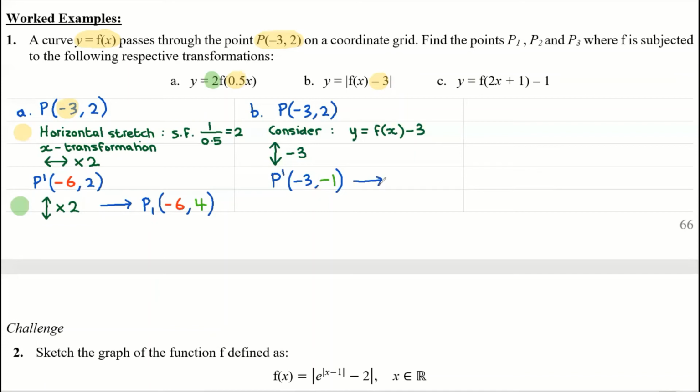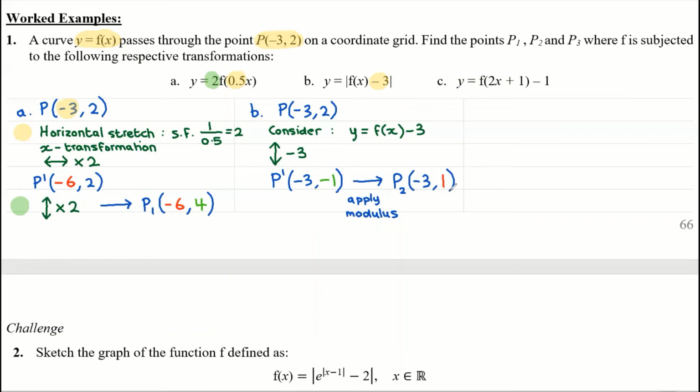So here we're going to apply the modulus, and consequently P2 is just going to be at the point -3, and the -1 is now going to change again, and it's going to become 1. So it loses its negative sign like that. Okay, so we now have P2.